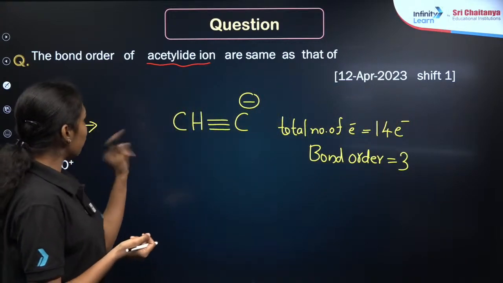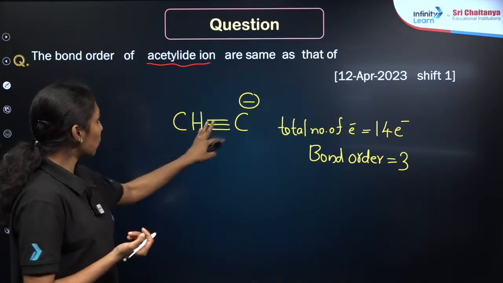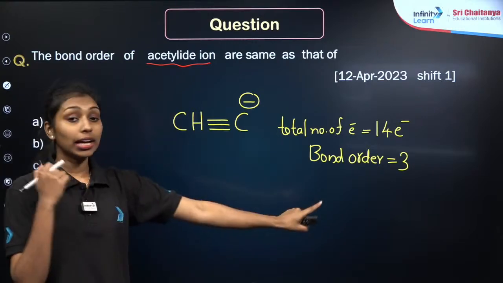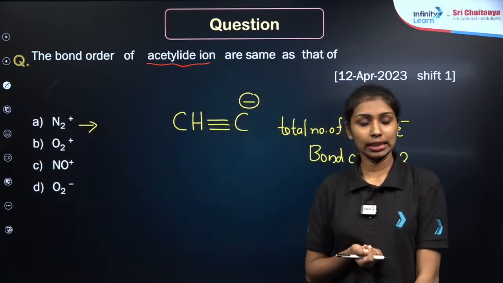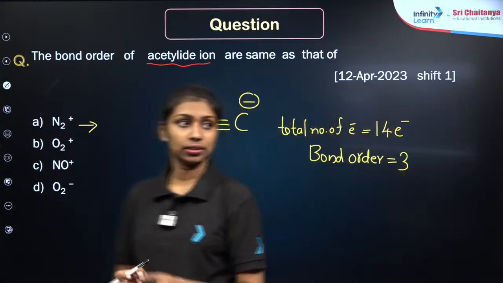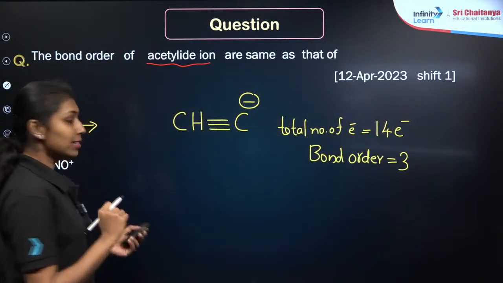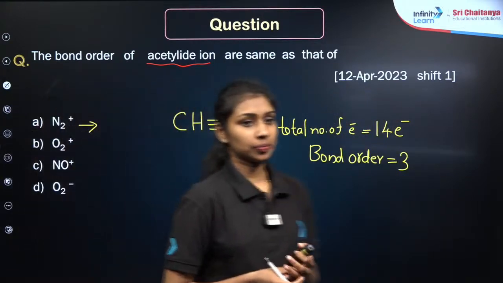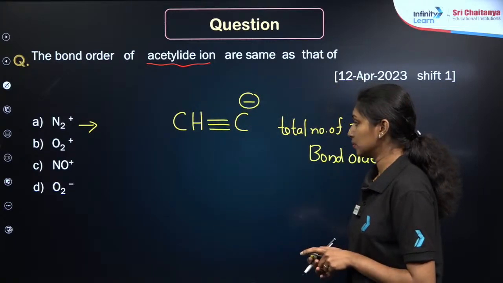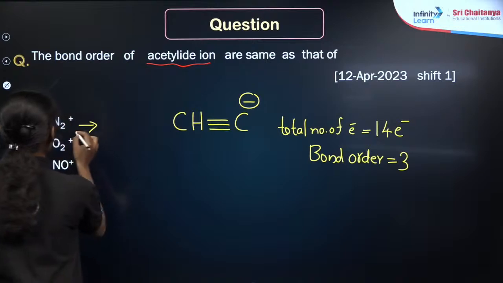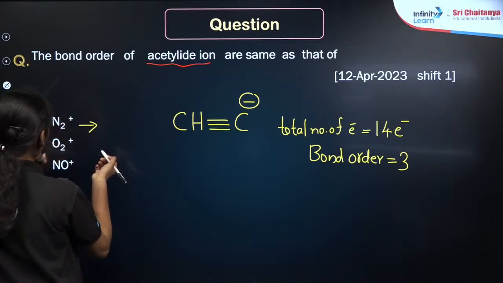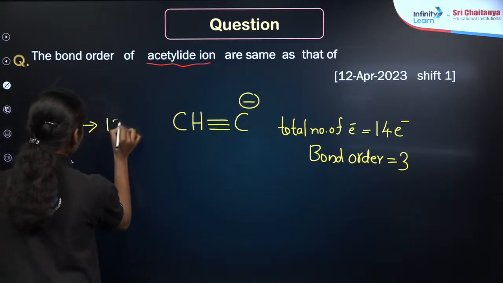But it is the acetylide ion, right? Acetylide ion means CH triple bond C minus, then it will have a bond order of 3. Clear? Got it, right, Farhan? Nitrogen, right? 2 nitrogen, 7 plus 7, 14 minus 1, that is equal to 13 electrons.